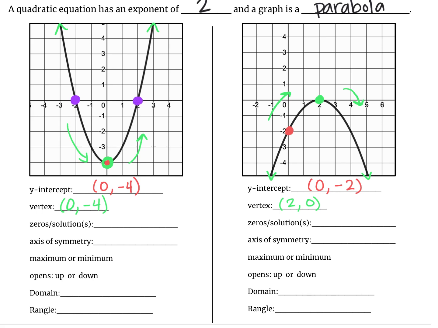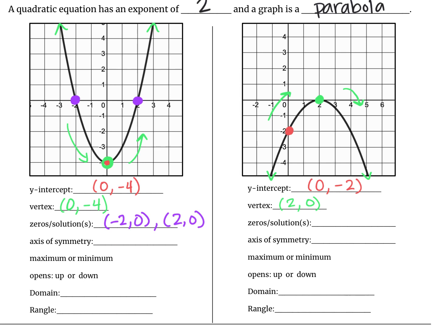All right, and so we have to write out both of those places. So the zeros or solutions are going to be (-2, 0) and (2, 0). So be aware that you may have more than one x-intercept.